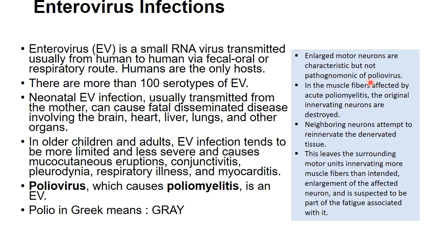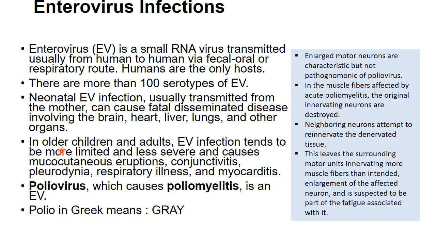Now coming to the enterovirus infection. Enteroviruses are small RNA viruses that are transmitted from human to human via the fecal-oral route or the respiratory route. Humans are the only hosts. There are more than 100 serotypes of the enteroviruses. Neonatal enterovirus infection usually is transmitted from the mother and can cause fatal disseminated diseases involving the brain, heart, liver, lungs, and other organs.